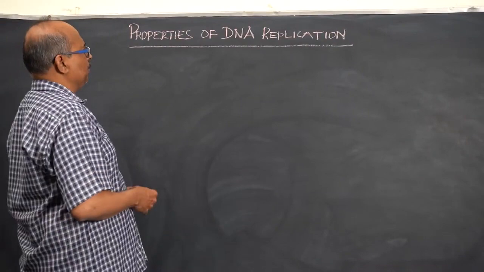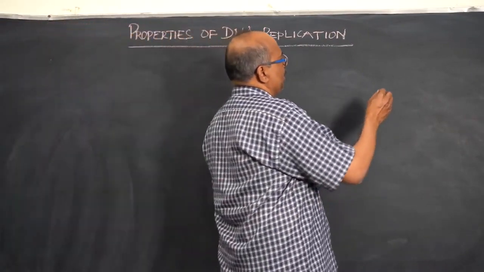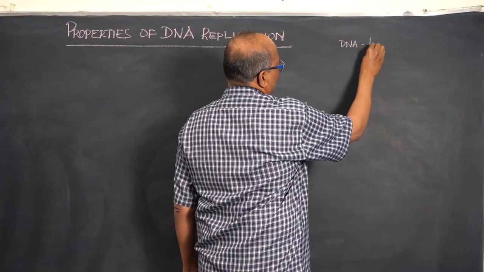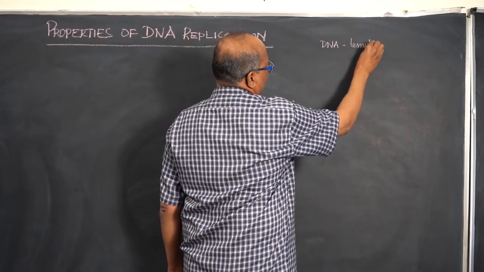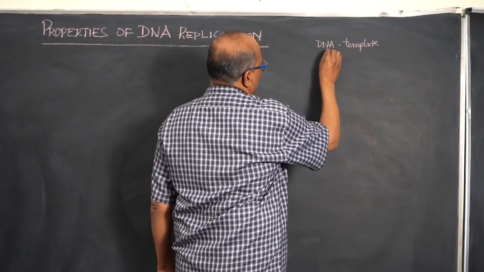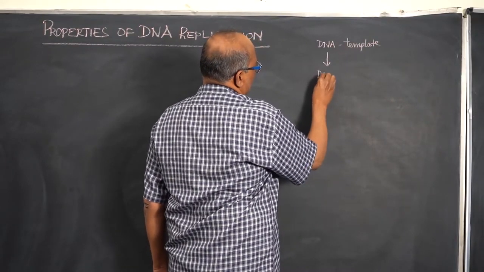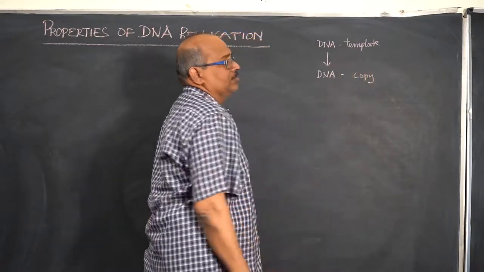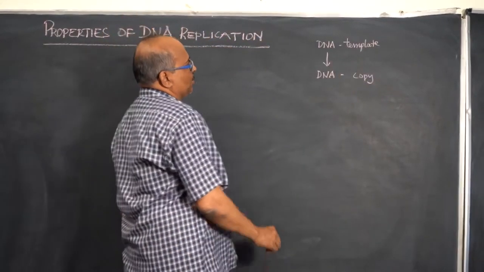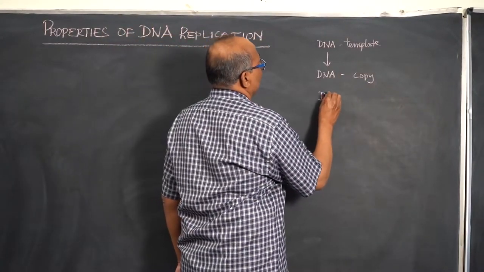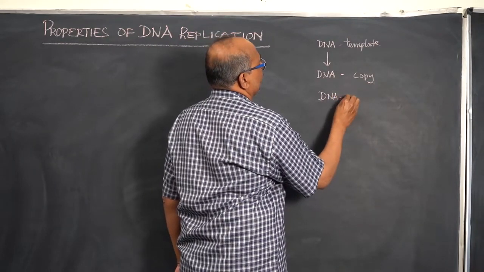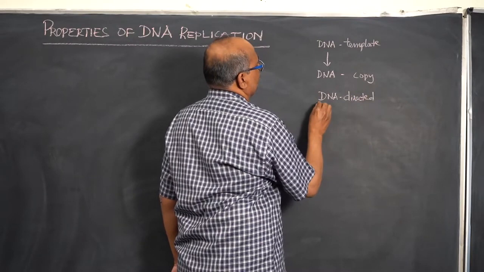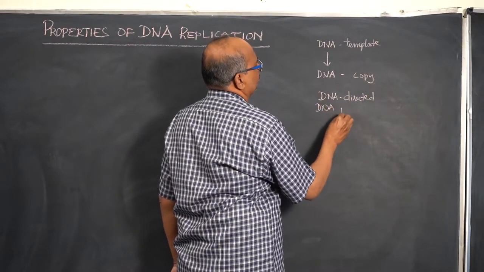So when you have DNA replication, DNA is used as a template and it produces a DNA copy. So that's why DNA replication is DNA directed DNA polymerization.